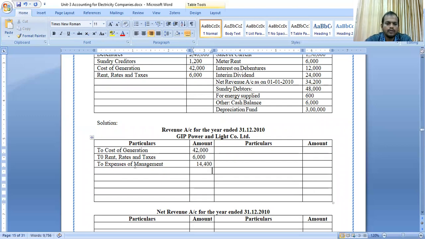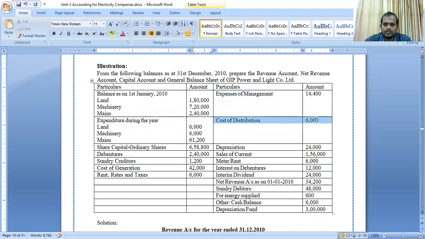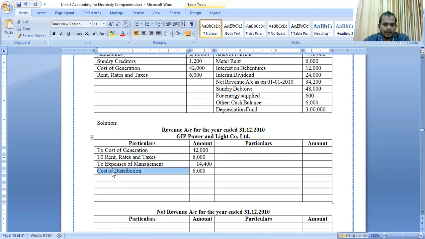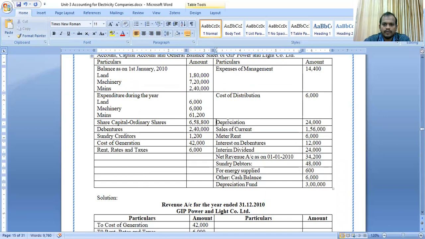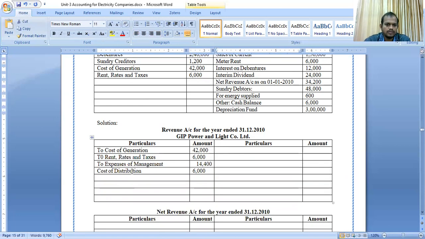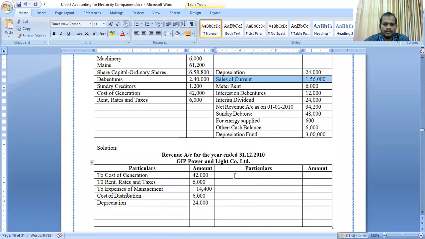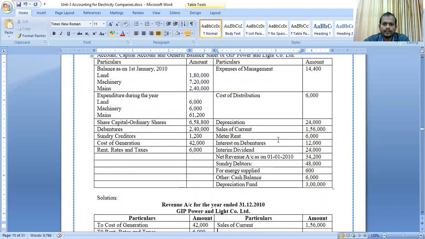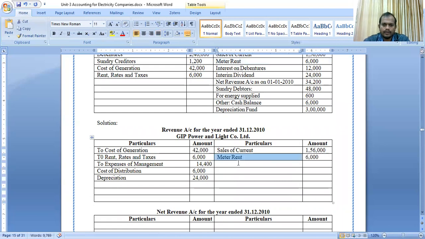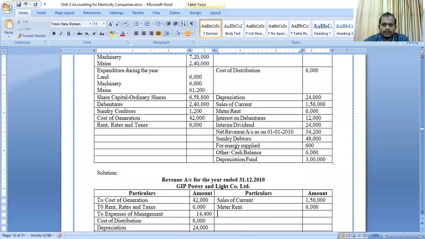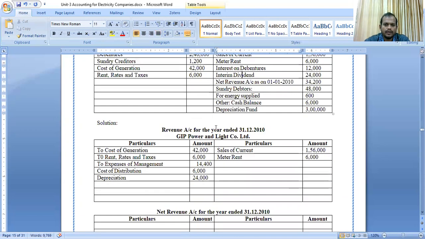Cost of distribution 6,000, and depreciation, it is also a charge against revenues. Sale of current is a receipt, so credit side of the revenue account. Meter rent received 6,000, it is a receipt. So these are the items relating to the revenue account.